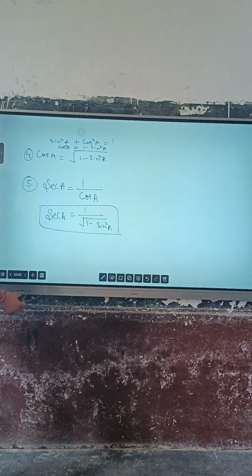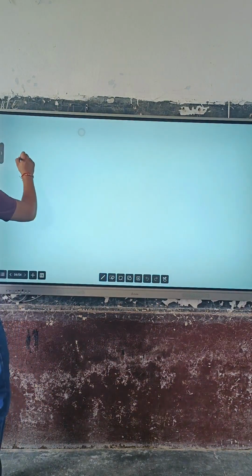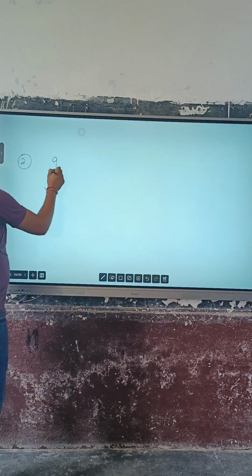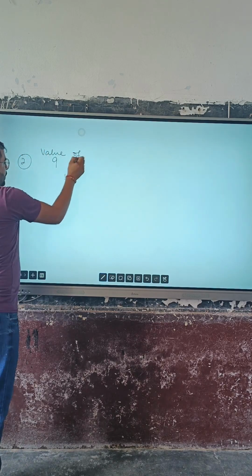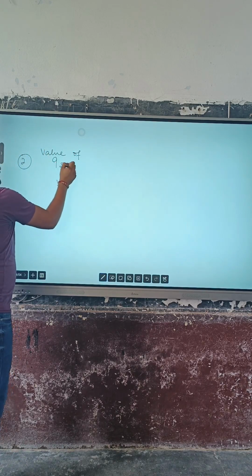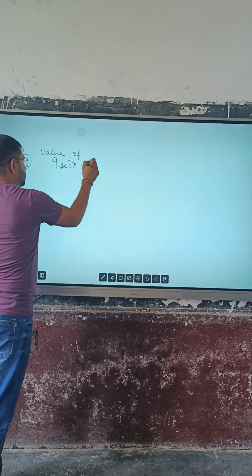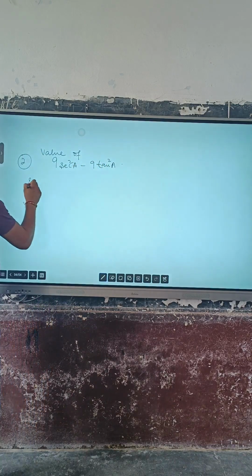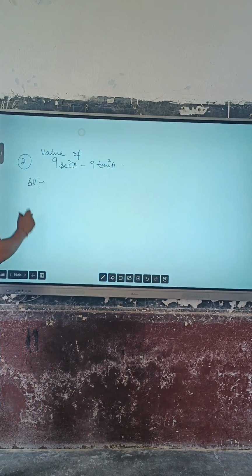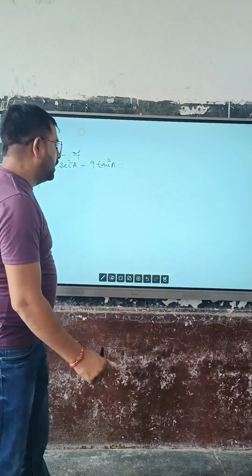Now the next part is to find the value of 9 secant square A minus 9 tan square A. We can easily find it by using the identity.